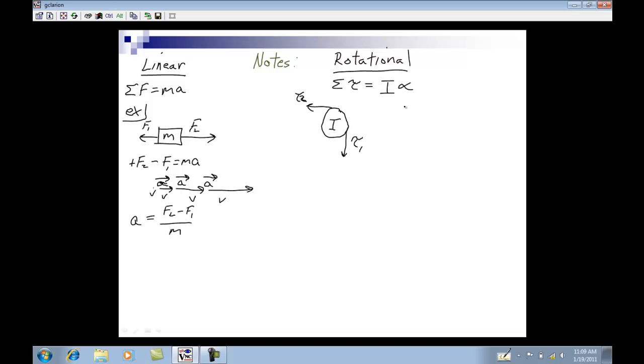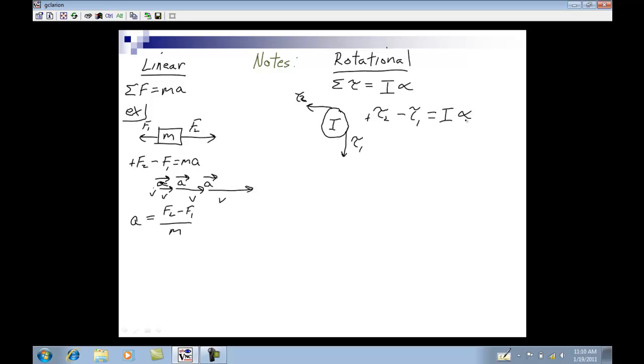So the rotational version of that, in this example, would look like this. I'm going to take the second torque, because it's counterclockwise, so it's going to be positive. I'm going to subtract the clockwise torque, and I'm going to set those equal to the rotational inertia times the angular acceleration.